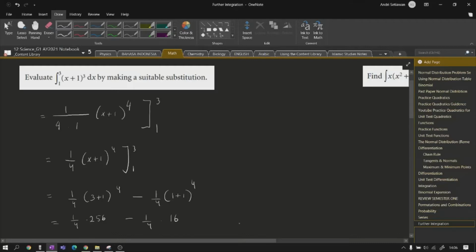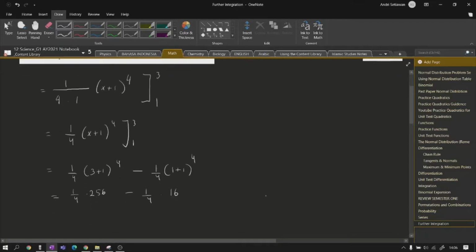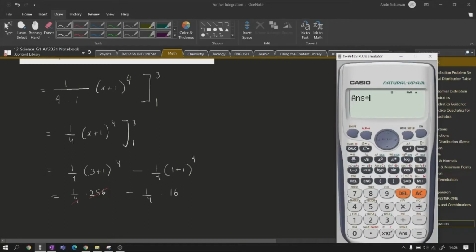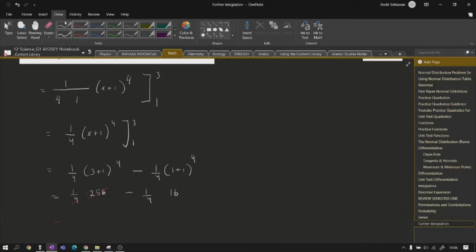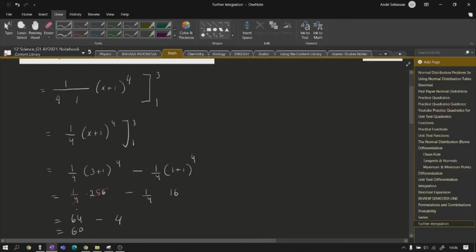It is easy. And you can simplify it first. 256 divided by 4, we get 64 minus 4, so the final answer must be 60.